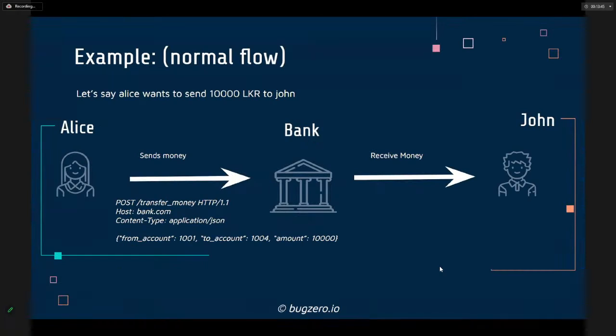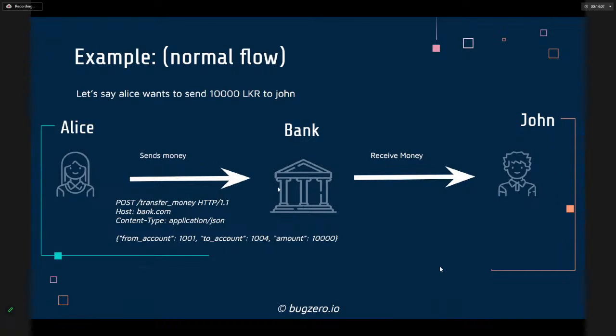Let's take an example, just to get an idea of what IDORs can be like. In this example, we have two people, Alice and John. Let's say Alice wants to send 1,000 rupees to John. First Alice has a bank account.